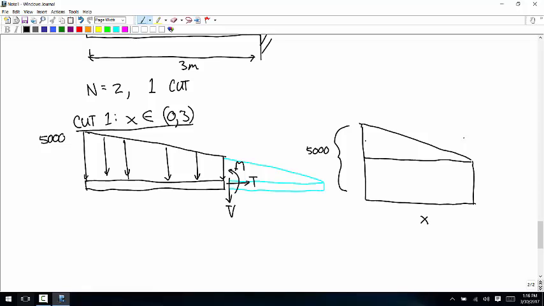But we don't know the height of the triangle yet, and we don't know the height of the rectangle. And we need both of those in order to calculate the point forces corresponding to these distributed loads.